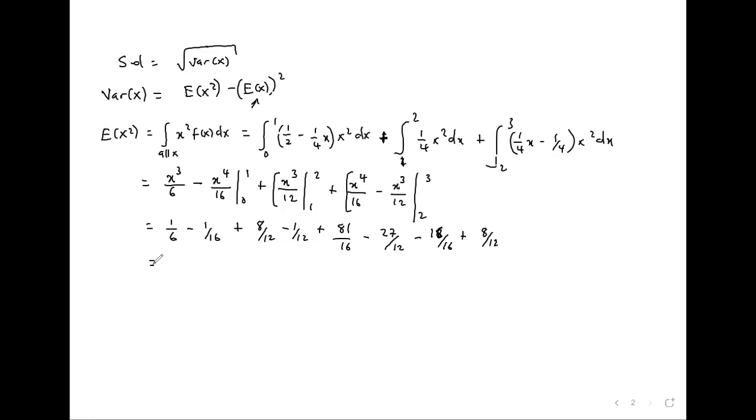It's not 8, it's 16. Okay, let's just add the ones with 12 down. So 12, that's 8 minus 1 minus 27 plus 8. That's 16 minus 28, that's negative 12 over 12, which is negative 1.